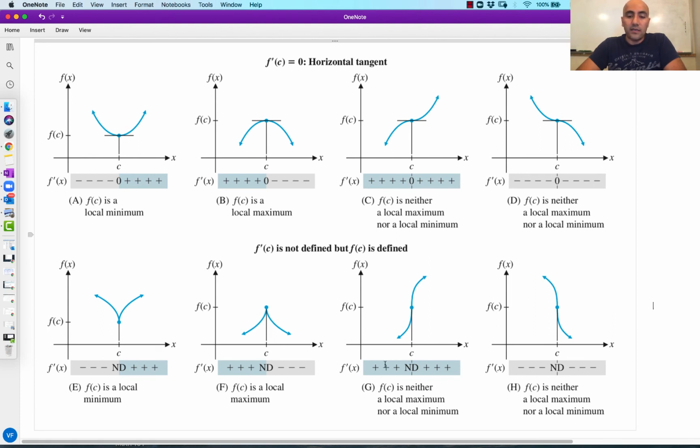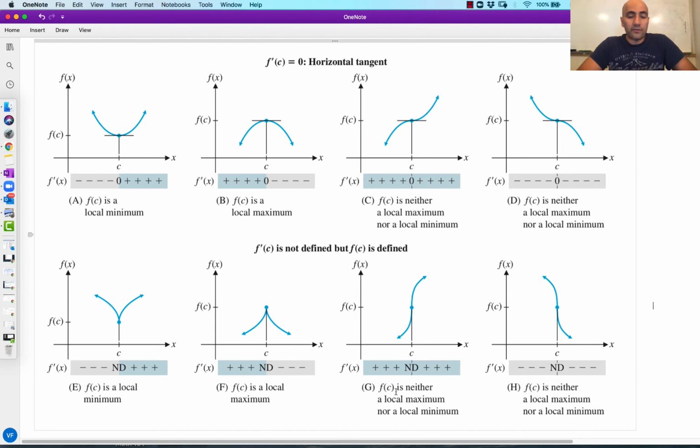In this case, test points to the left and to the right result in first derivatives that are positive in both cases. And in this situation, when we take test points from either side of c, we see that the first derivative is going to be negative every time. Okay, so in both of these cases, f of c is neither a local maximum nor a local minimum.